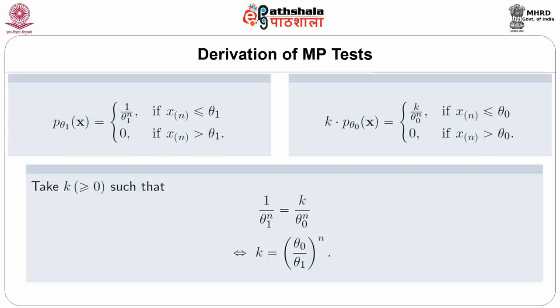Take k, a constant, non-negative, such that 1 by theta 1 to the power n and k by theta naught to the power n are the same, and this reduces to k is theta naught by theta 1 whole to the power n, because we have flexibility in selecting the value of phi, the test function, in this region where p theta 1 and k p theta naught are the same.